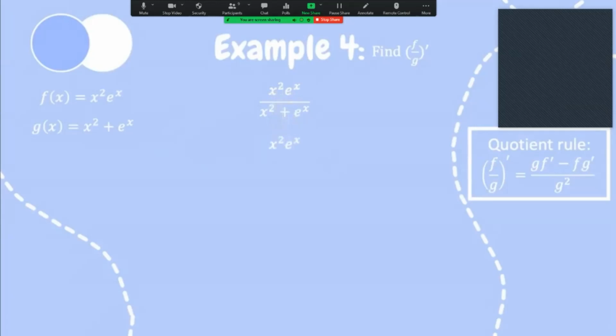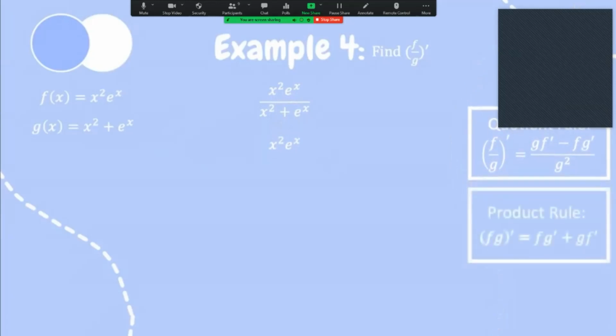Now you may notice this is a product. So what do we need now? We need the product rule. It's come back. It's made its glorious appearance again.